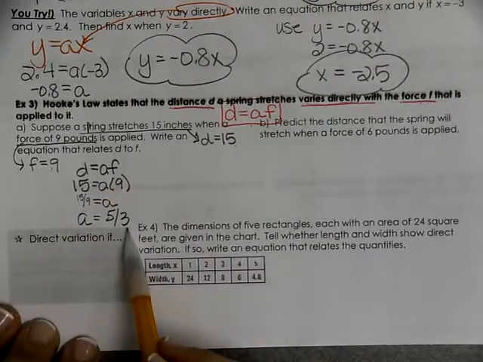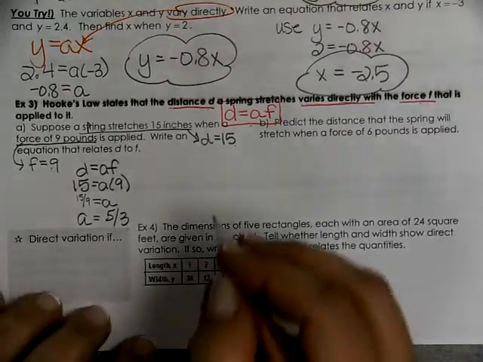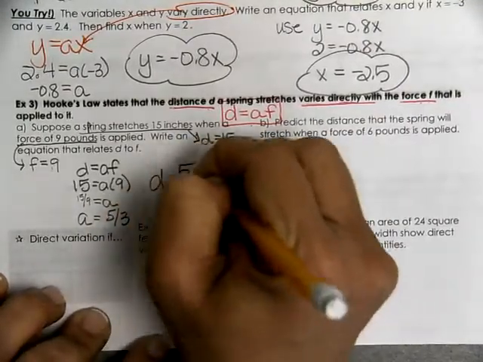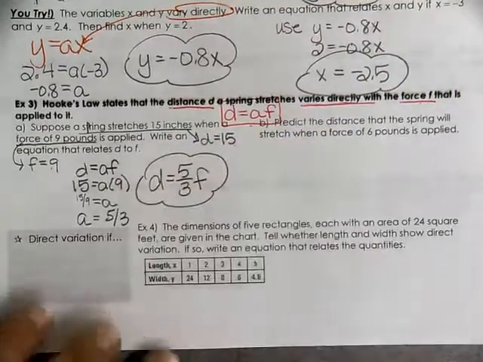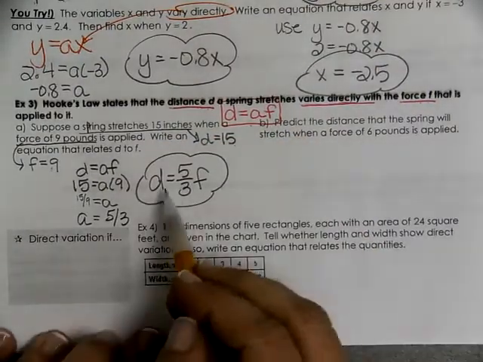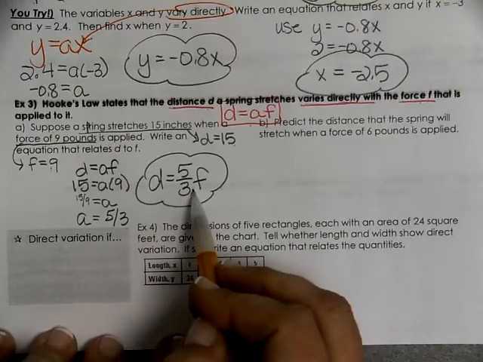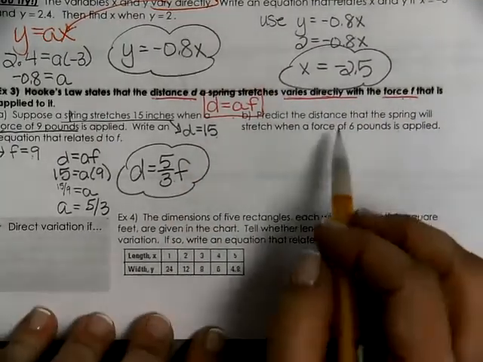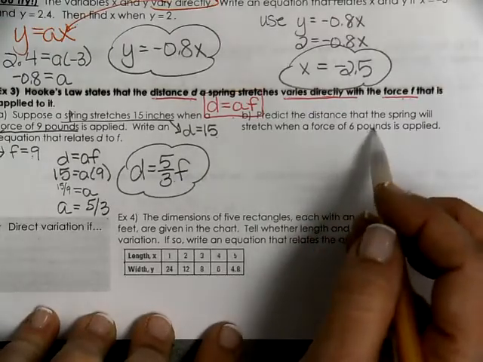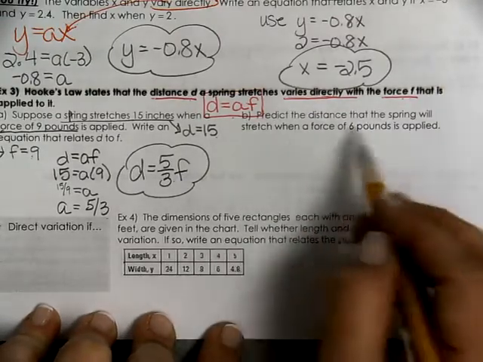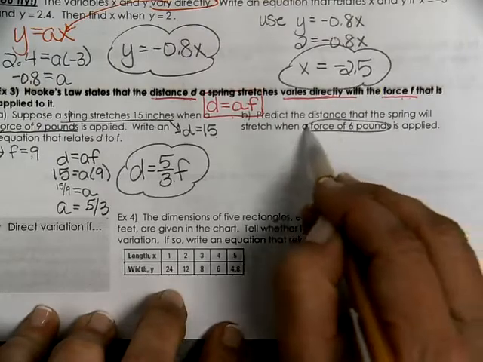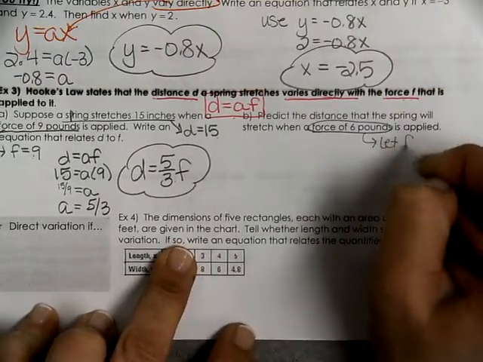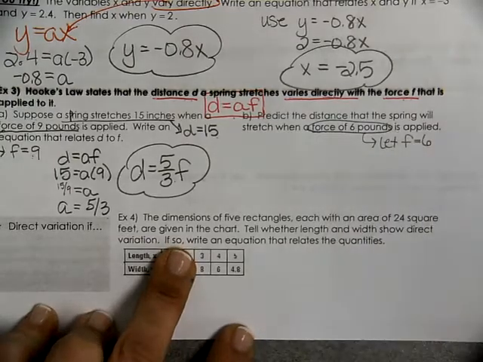Now, a equals 5/3 doesn't relate d to F. We need to put that 5/3 into the equation, and now we have a direct variation equation relating d to F. Similar to what we did above, this is asking us to predict the distance that the spring will stretch when a force of 6 pounds is applied. So again, this is just telling us to let F equal 6.